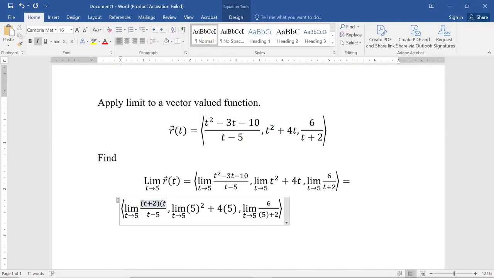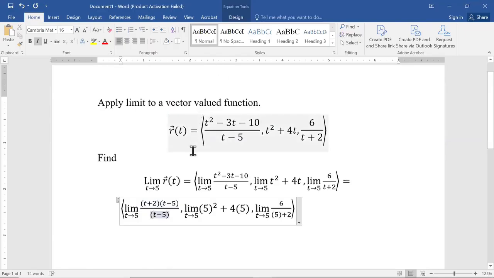T plus 2 times t minus 5 is what you get in the numerator. And in the denominator, we have t minus 5. So notice that these t minus 5s are going to cancel out. That'll become 1, and you'll just be left with a t plus 2. And in the t plus 2, you can just simply plug in the 5.